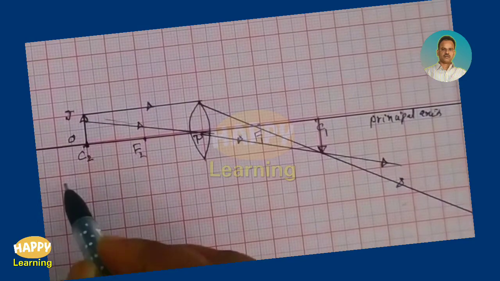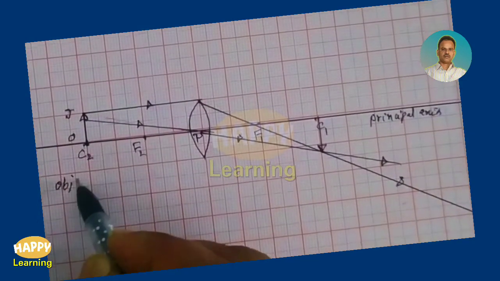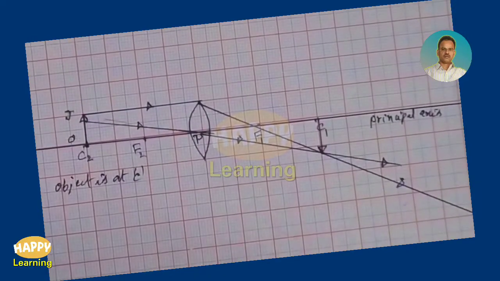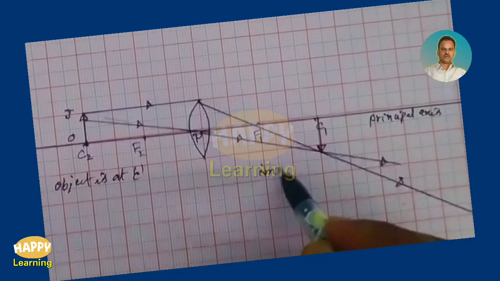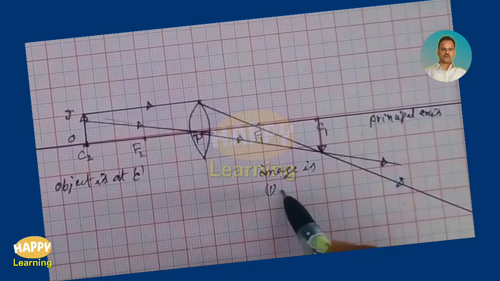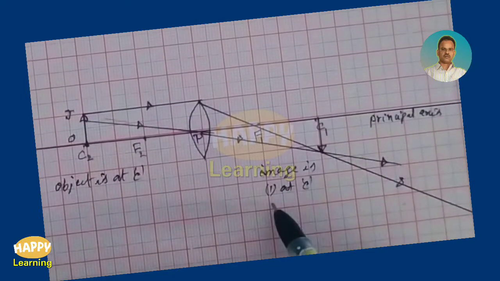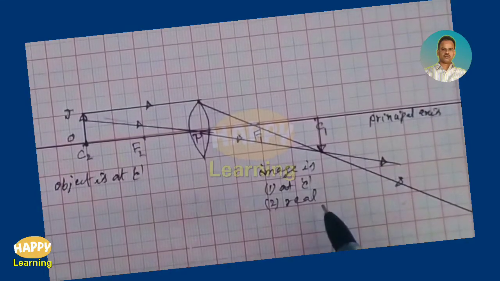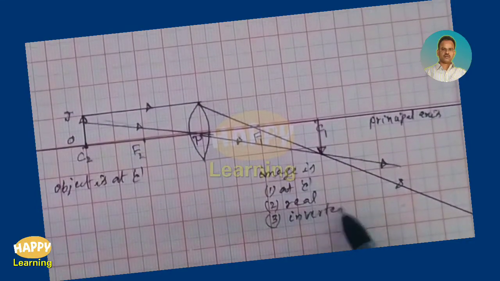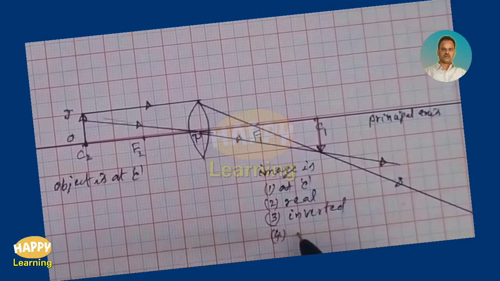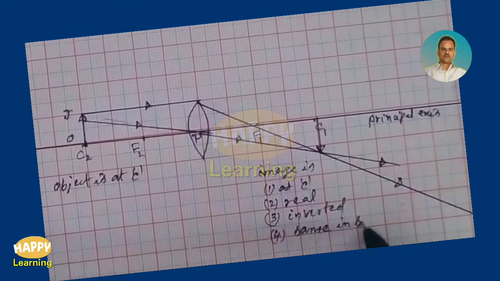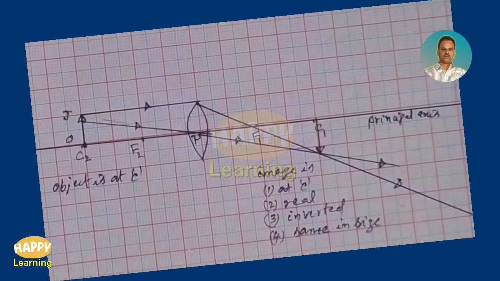So here, the object is at C and the image is, number 1, at C. Number 2, it is a real image. Number 3, it is inverted. And number 4, same in size.